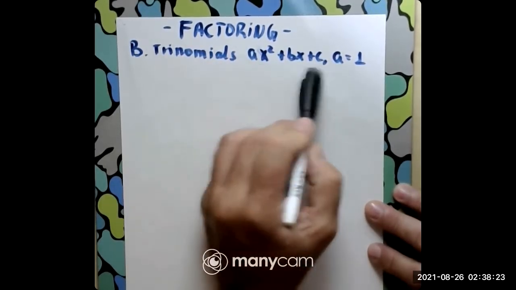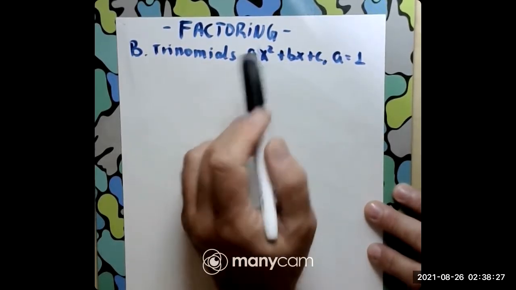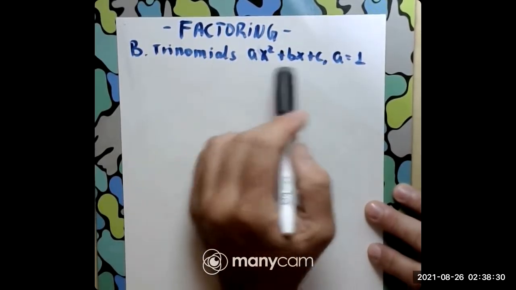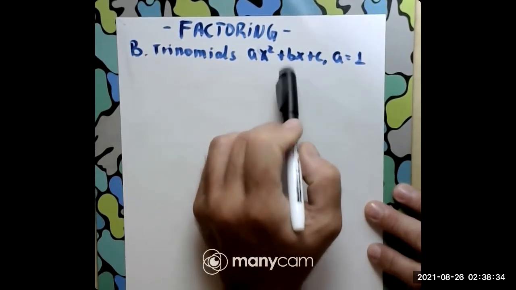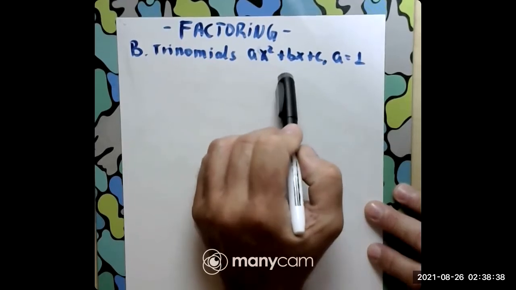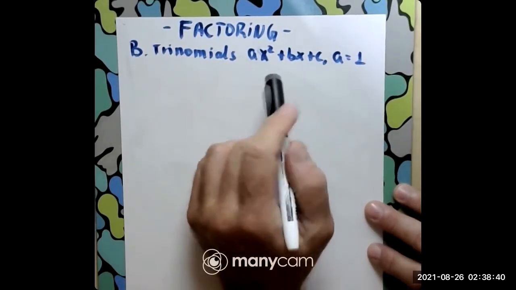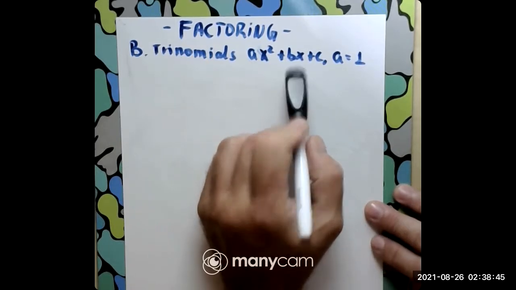So ax squared plus bx plus c. So the first case is when a equals 1. Okay. If the trinomial factors, as I mentioned today, it will factor as a multiplication of 2 binomials.